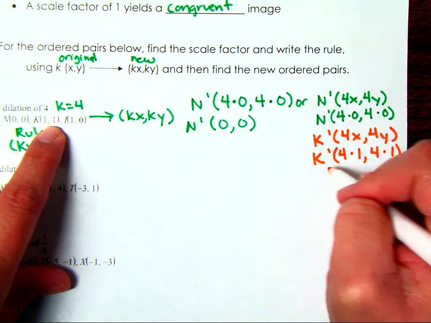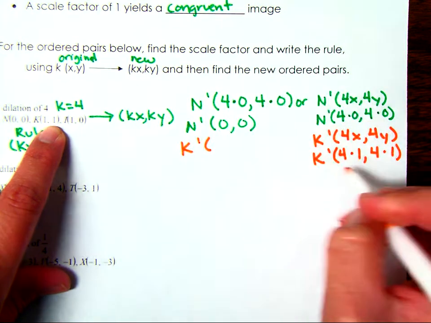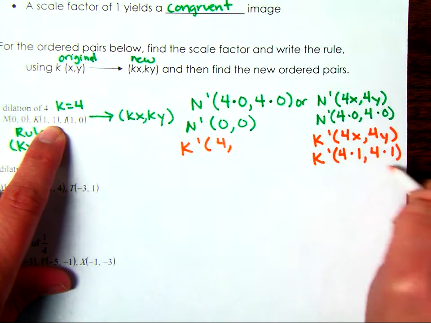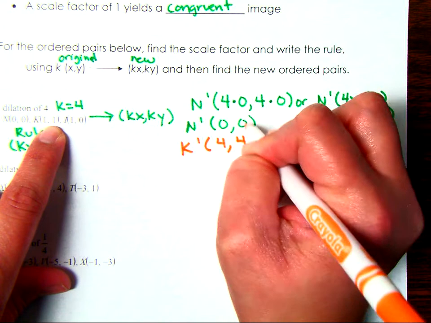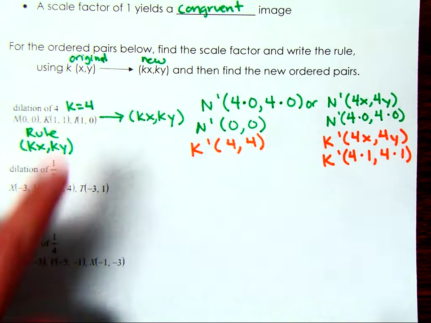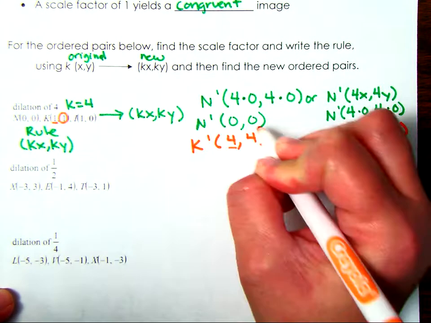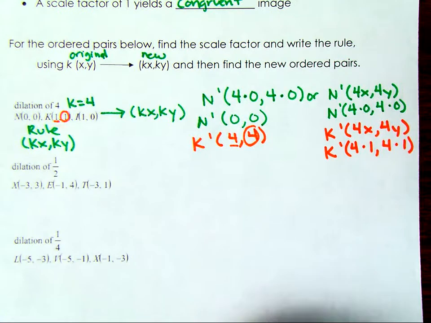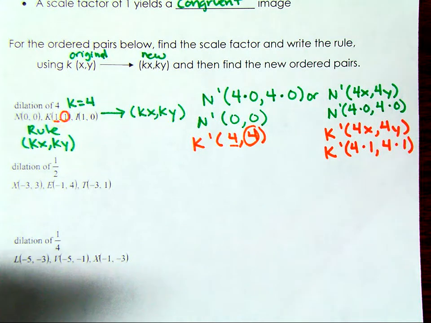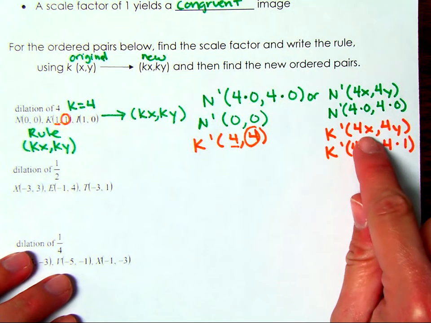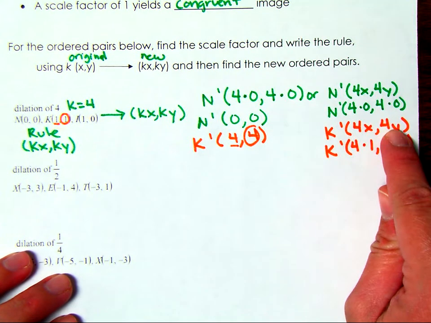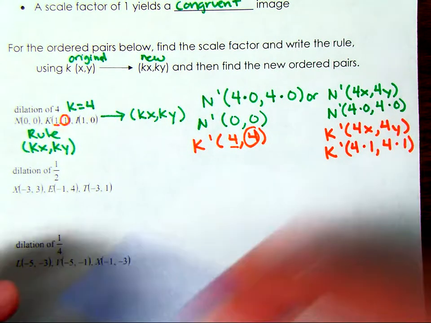So K prime is 4 times 1 is 4, 4 times 1 is 4. Those are my new ordered pairs. Here again you can see 1 times 4 is 4. If that helps you to see it that way, you can look at that. But this is the rule itself, 4x, 4y, every single time for this situation.